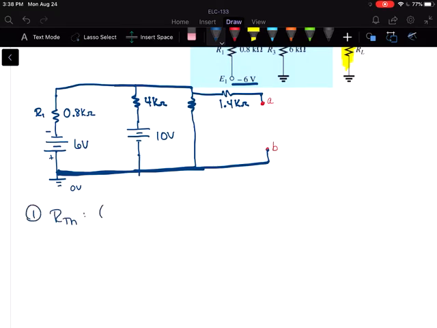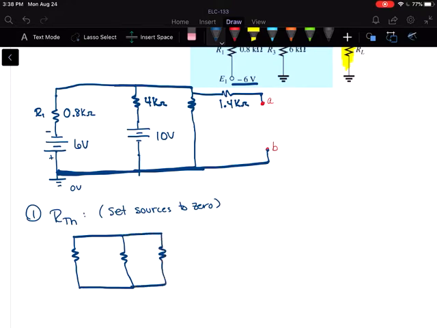To do that, we're going to set our sources to 0, and then look in at the A and B terminals to find our total resistance. So I basically shorted out the 6-volt source and the 10-volt source in my new circuit down here.